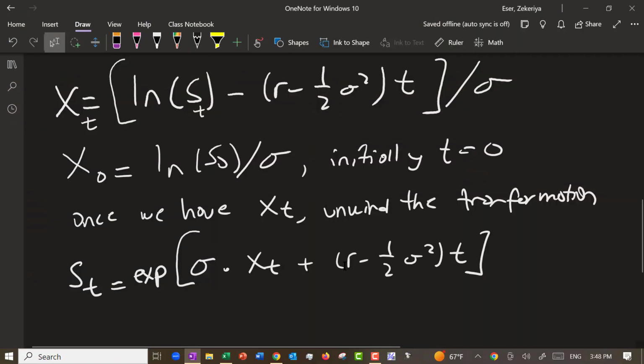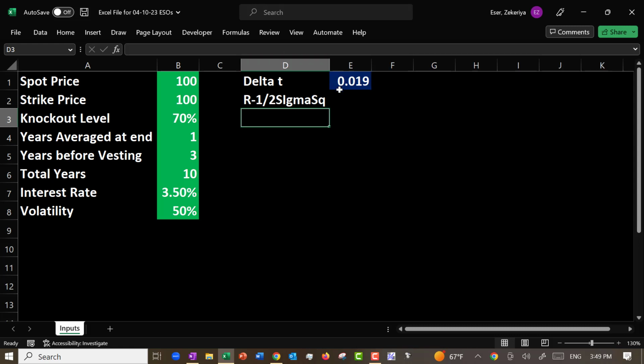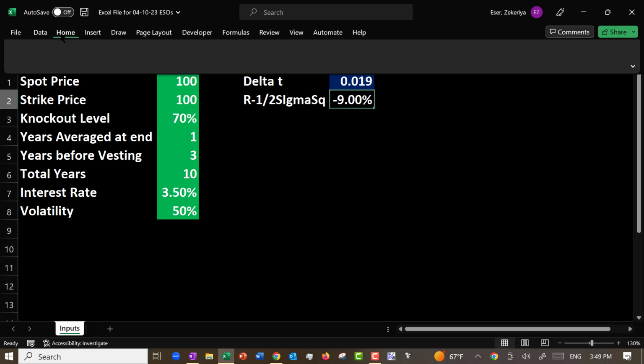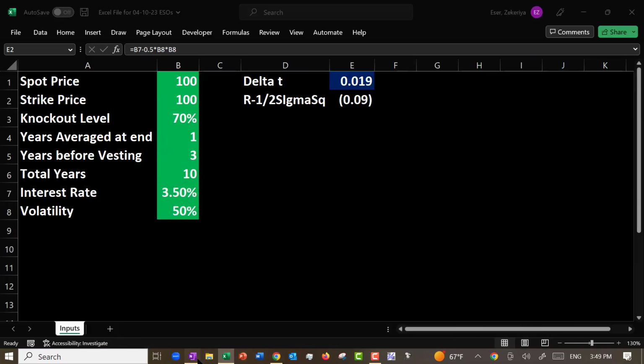So let's calculate that, and this is r minus 1/2 sigma squared. Since we're going to use that quite a bit, interest rate minus 0.5 times volatility squared. Is that minus or plus? Yeah, minus.